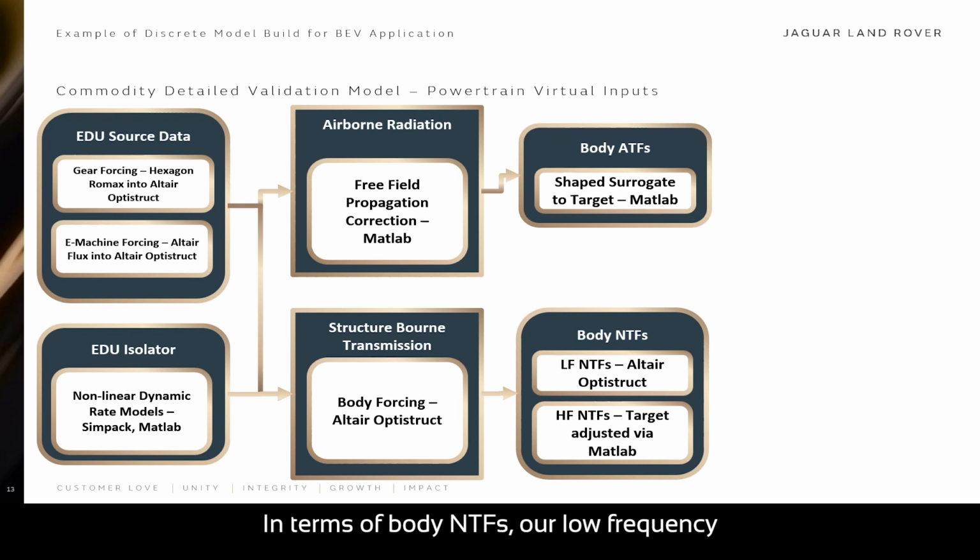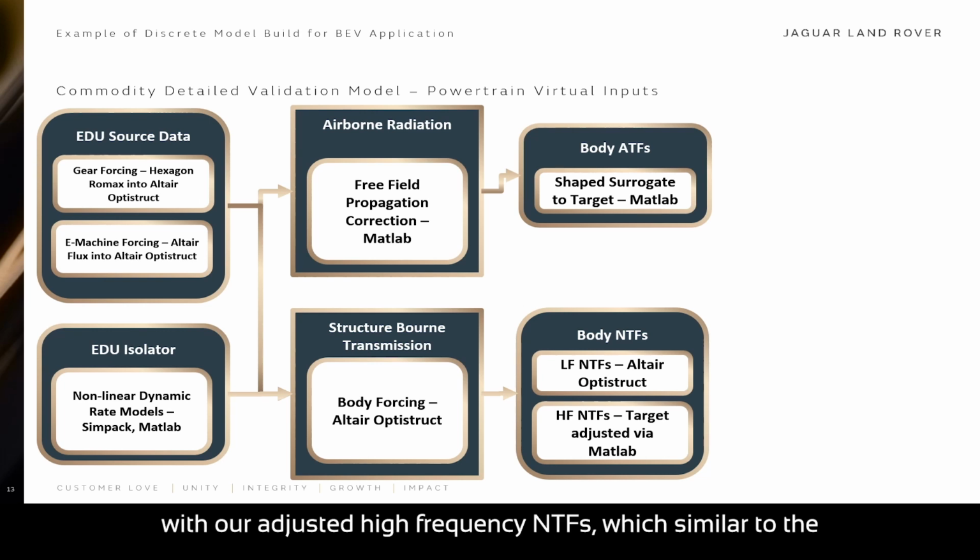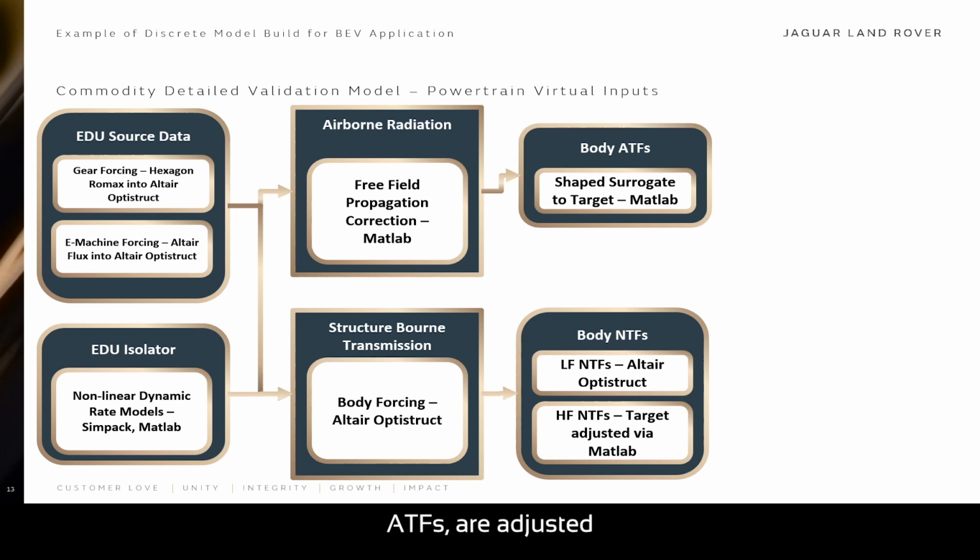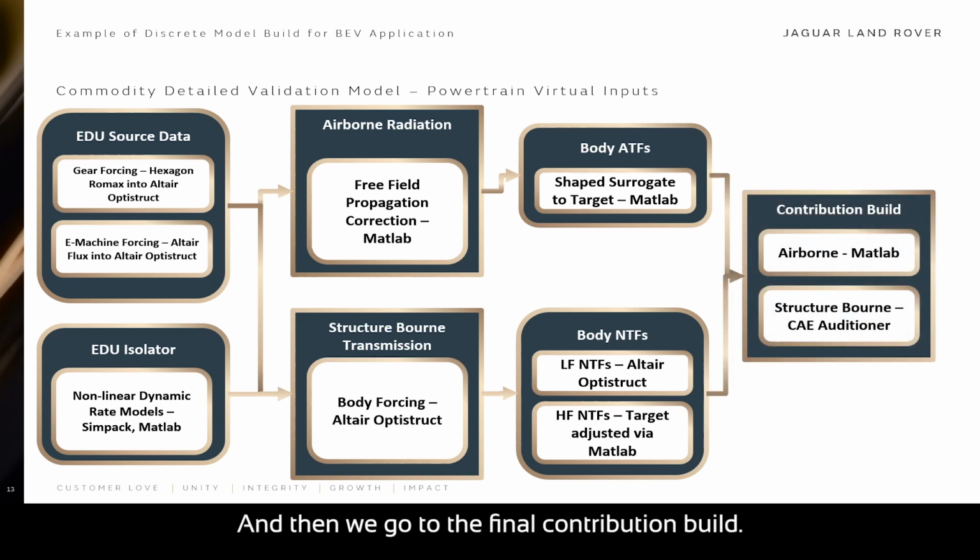In terms of body NTFs, our low frequency is generated directly from Altair, and then we cross over with our adjusted high frequency NTFs, which, similar to the ATFs, are adjusted using a surrogate data set which is adjusted to target. And then we go to the final contribution build.